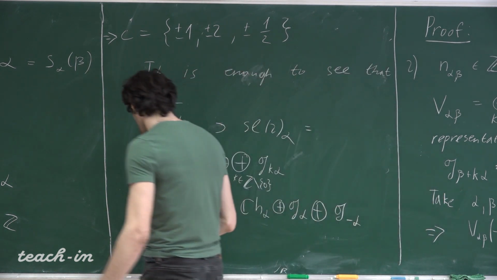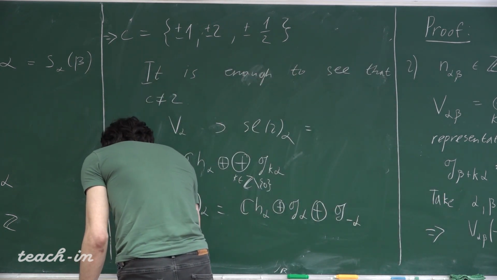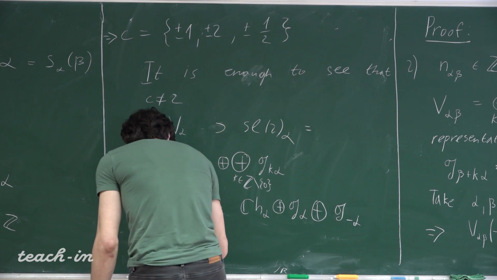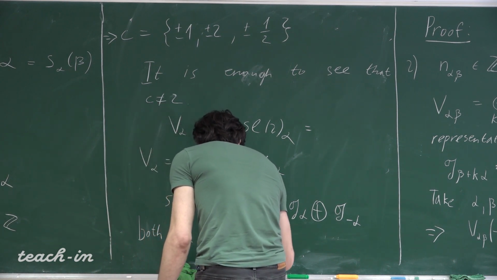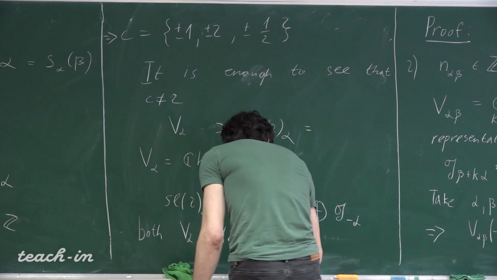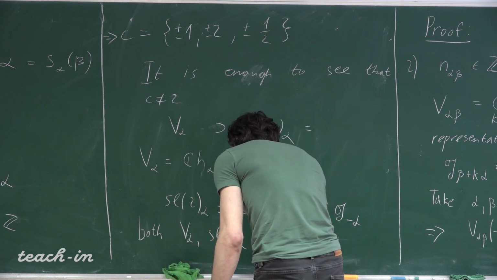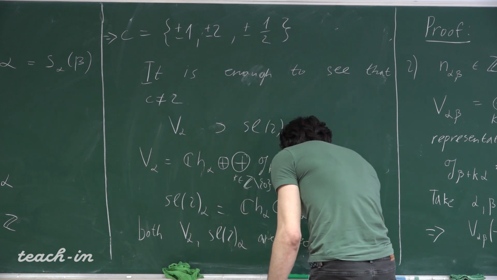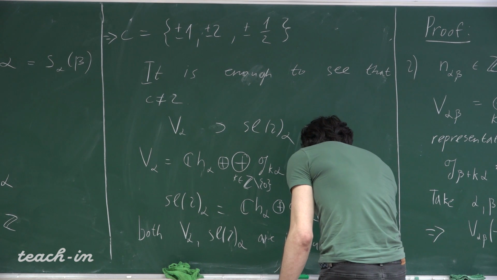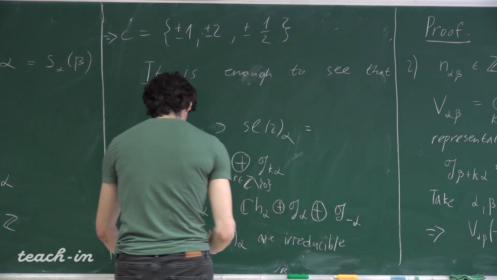Right? So both V alpha and SL2 alpha are irreducible representations of SL2 alpha.